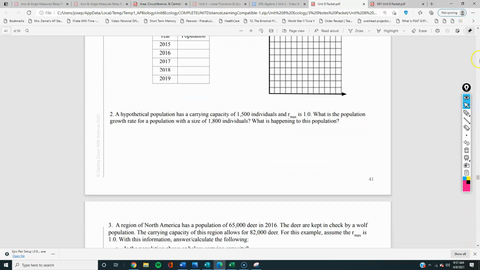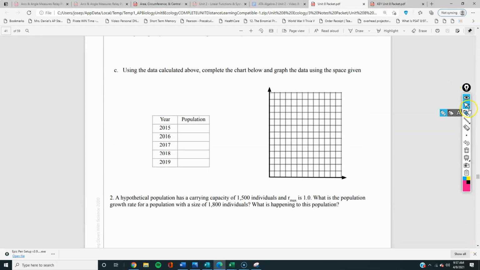Now let's actually do the problem then. So we expect 4.6% more squirrels every year. We know in 2015 we had 500 squirrels. So what I'm going to do is multiply it by 1.046 because I'm increasing. It's kind of like sales tax. If you want to know how much something costs, you multiply it by 1.06 and it'll tell you the new cost. If I multiply this by 1.046, it'll give me the new population in 2016.